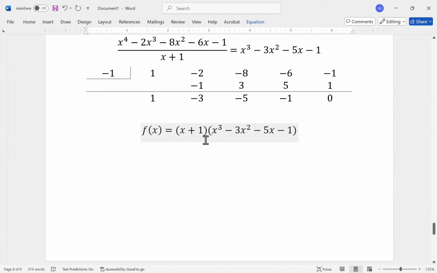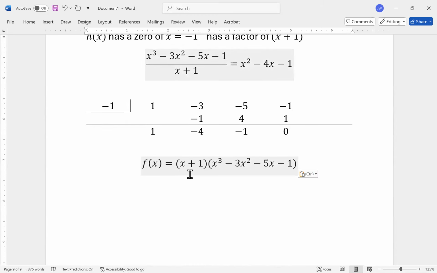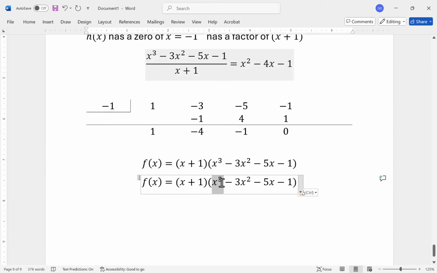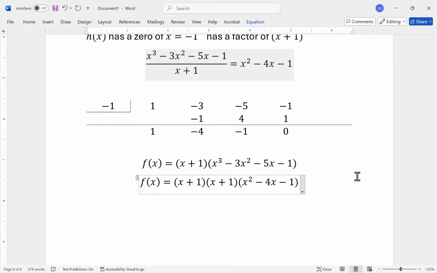So we're ending up with two factors of x plus 1 for my f of x. And this cubic function can be replaced with another factor of x plus 1 times this quadratic of x squared minus 4x minus 1. So that's what we're saying about my original function f of x.